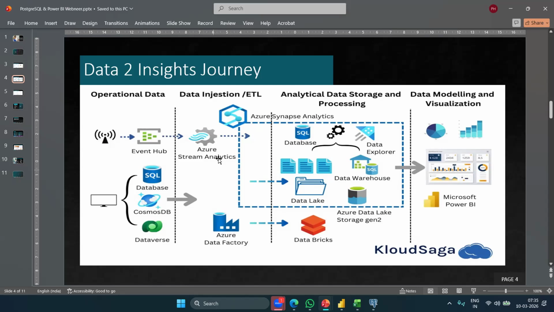Now, if we fire the same query on these operational systems, since it needs to read the entire table and do some aggregations, the overall performance of the systems would be impacted, right? Because here the data is not organized in a way that can do the analytical job. Here the data is present in a way that can handle the operational things, right?